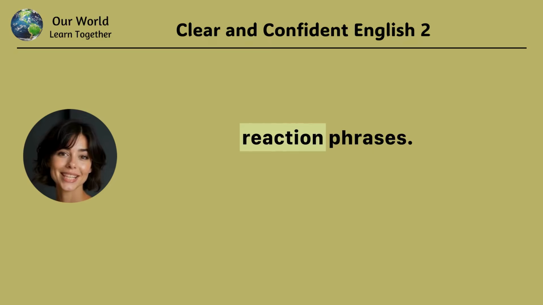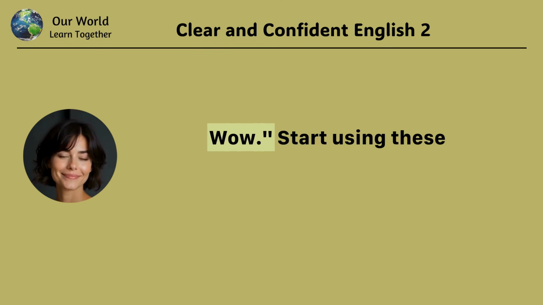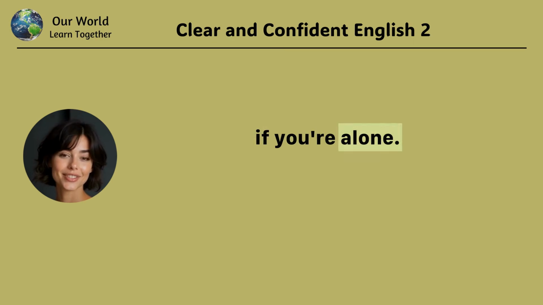Tip 5. Practice with reaction phrases. These are short phrases we use all the time without thinking. Really? That's great. Oh no. I can't believe it. Wow. Start using these in your thoughts even if you're alone.